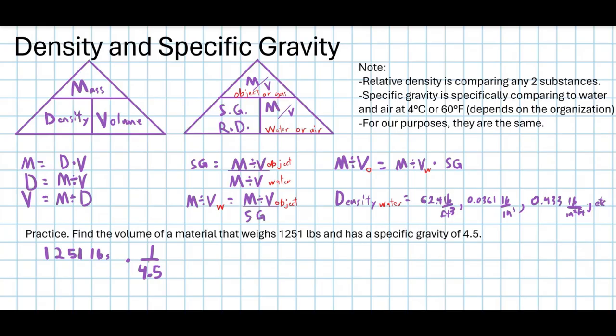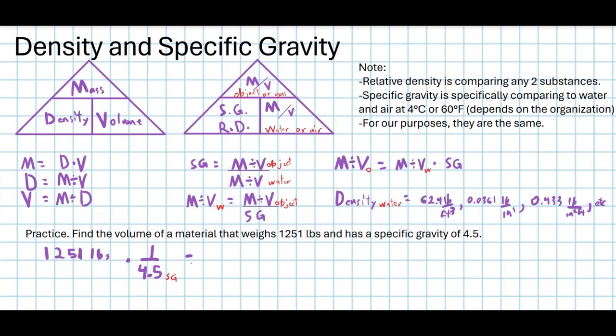Now, ultimately on our calculators, this is going to be 1,251 divided by 4.5, but this is our specific gravity. This is our ratio of our mystery material compared to water. And that's going to give me a number.